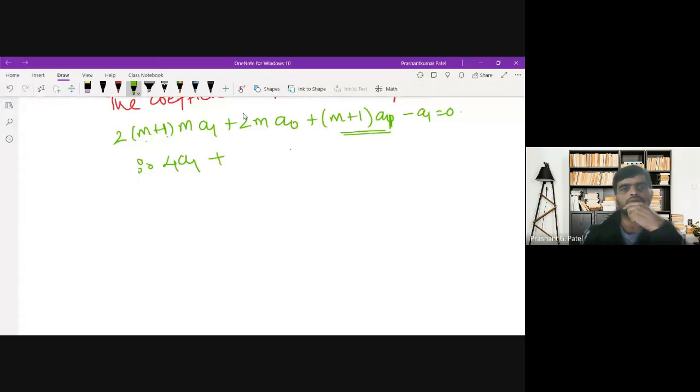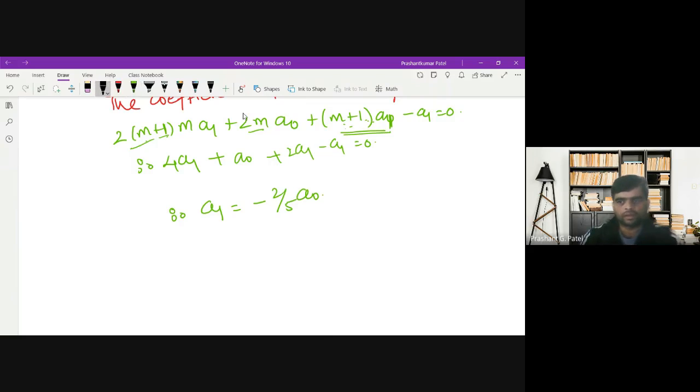This will be 2 into 2, this is 2 into 1, that is a0. M plus 1, m is 1, so it is 2 a1 minus a1 equal to 0. If you simplify, you will have a1 equal to minus 2 by 5 a0.